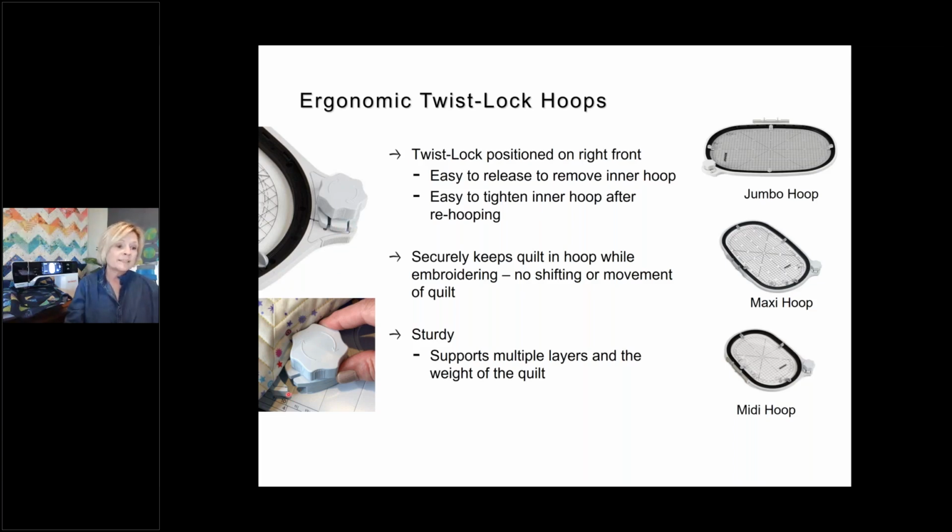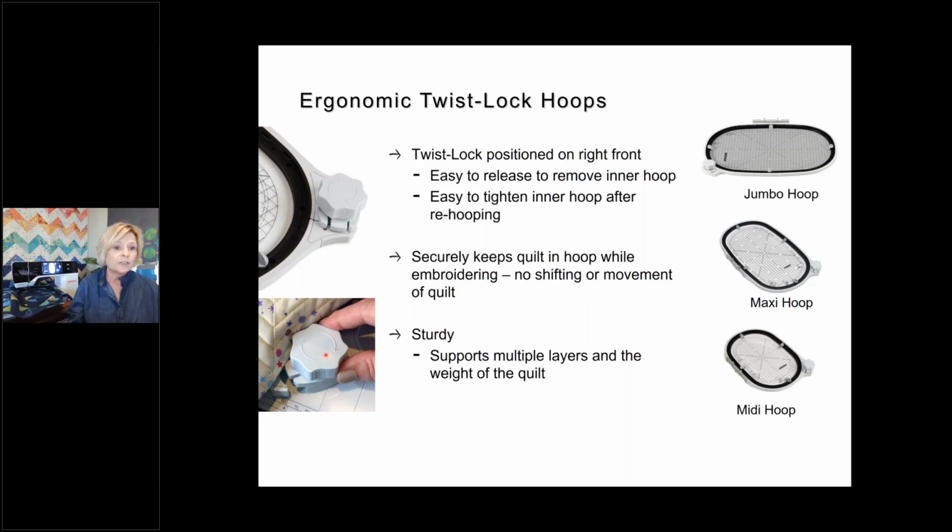And with the maxi and the jumbo hoop, this amount of space is a good 5/8 of an inch. So that does give you a large amount of space to be able to put the layers of your quilt in. And then to tighten it, you just simply turn the ratchet and it tightens it very securely.